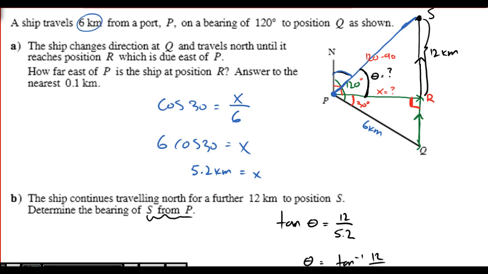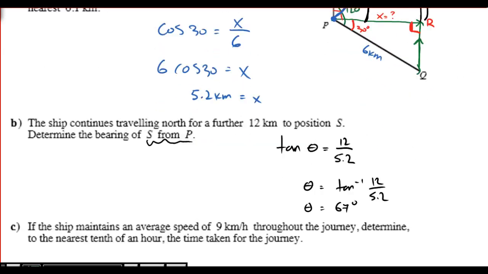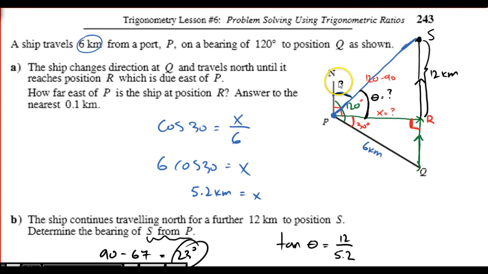Now, to get the bearing, I have to subtract that from 90. So 90 minus 67 is going to get me 23 degrees, and that is your final answer, as that is over here, 23 degrees. That's the bearing if this is 67 degrees over here.